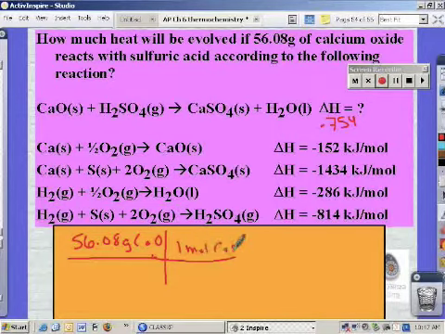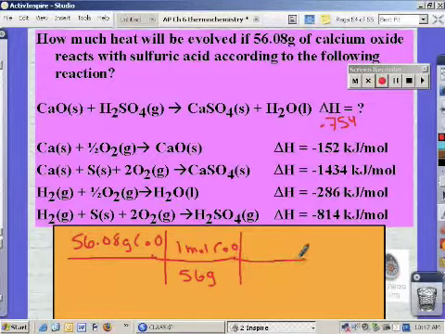So we need to find out how many moles of calcium oxide we have. And it turns out that we have pretty much 1 mole of calcium oxide. Looking at our balanced equation, 1 mole of calcium oxide gives off 754 kilojoules of energy.